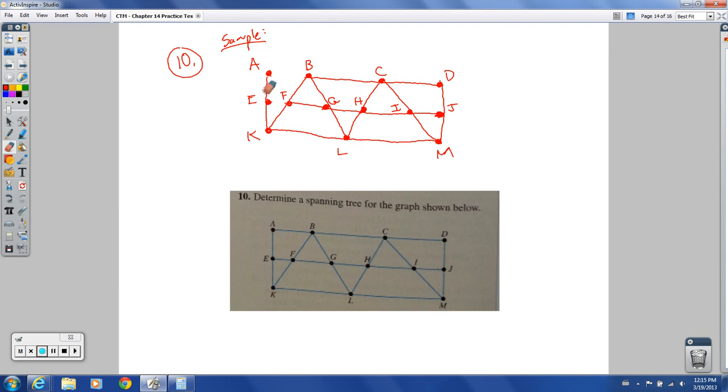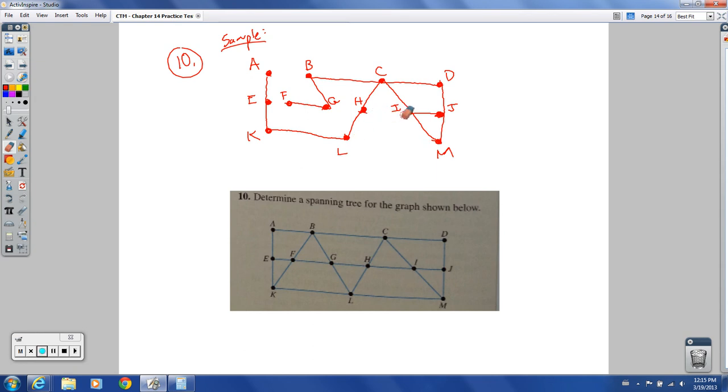Now this one and this one are both bridges, so I'm not going to get rid of those. Oh, why not get rid of this one? That's fine. And I'm going to get rid of this one and this one. And I'll get rid of this one. Sure, that'll work. So now this is a bridge, this is a bridge, so is that. That is a bridge as well. Let's get rid of that one.